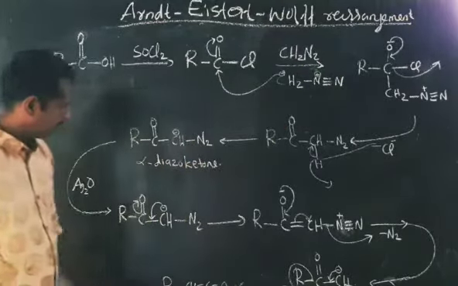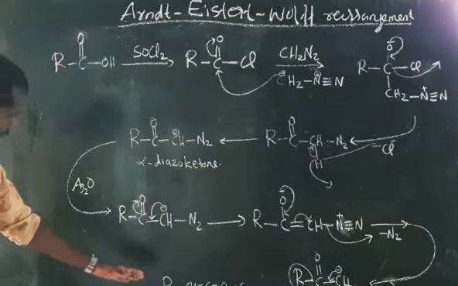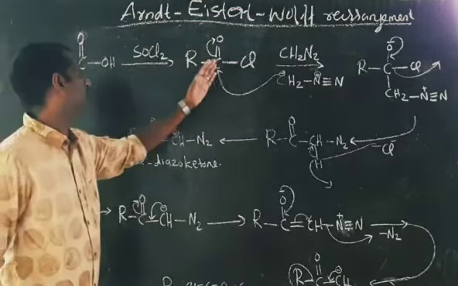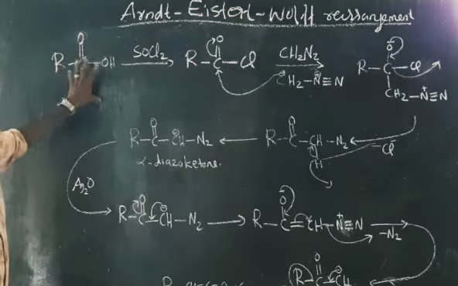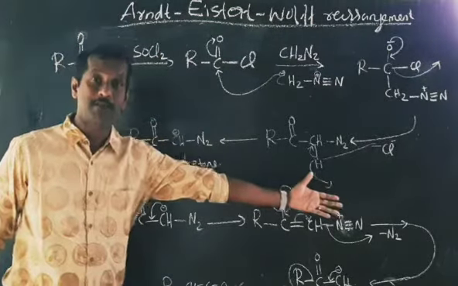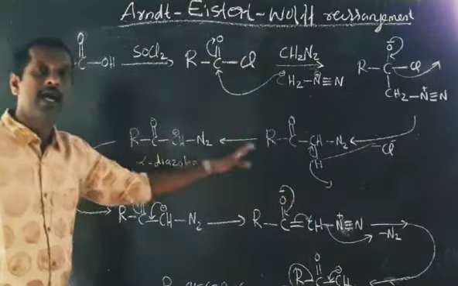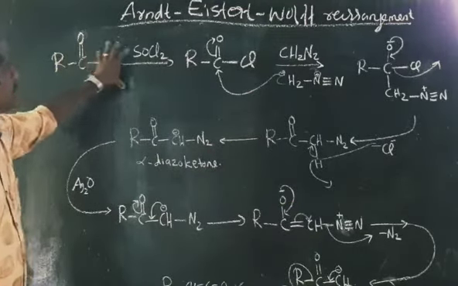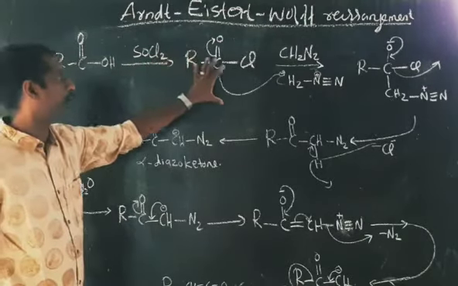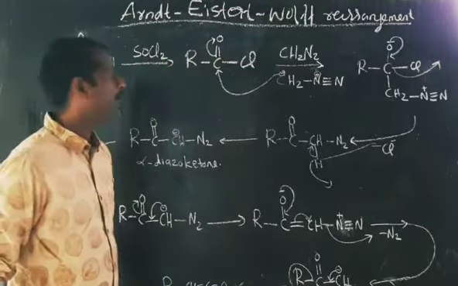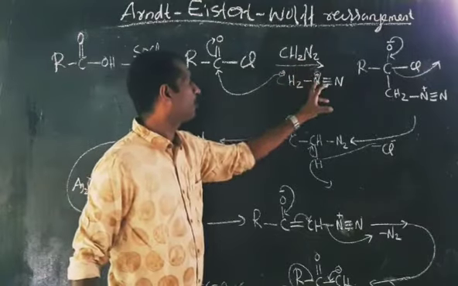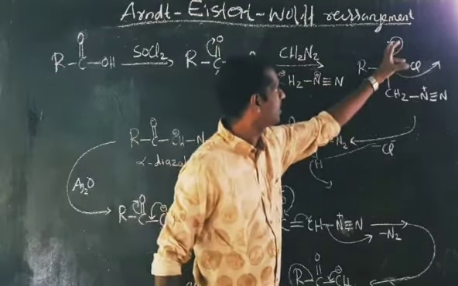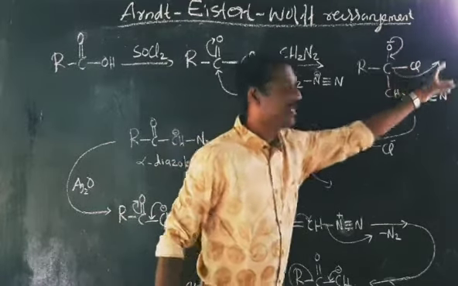So once again, I am starting from the beginning. The Arndt-Eistert rearrangement means conversion of a carboxylic acid into its higher homologous acid. Suppose we start with carboxylic acid RCOOH. The first step is treating with thionyl chloride, and you get RCOCl, the acid chloride. The acid chloride is attacked by diazomethane. When the negative charge comes back, Cl minus is removed.